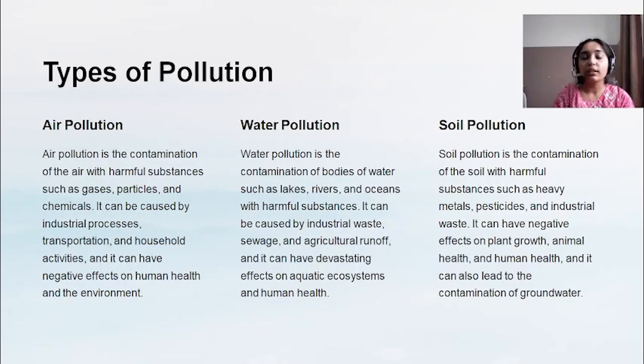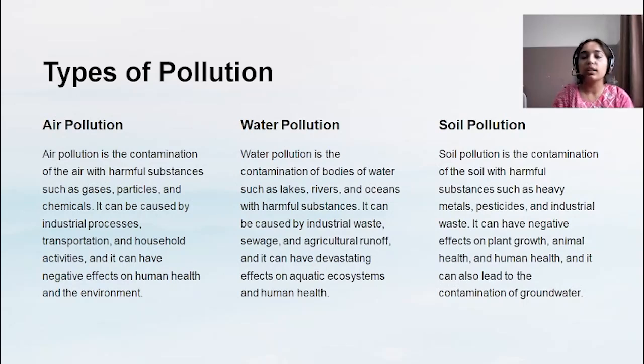How? When harmful chemicals contaminate the soil, those chemicals are consumed by the plants, and the living organisms depending on the plants consume those plants, and likewise the food chain continues. Every affected part of the food chain may suffer a disastrous impact from soil pollution.